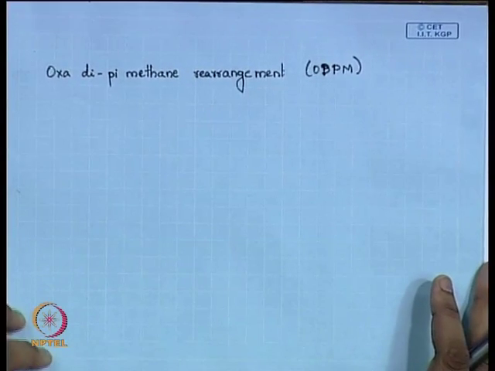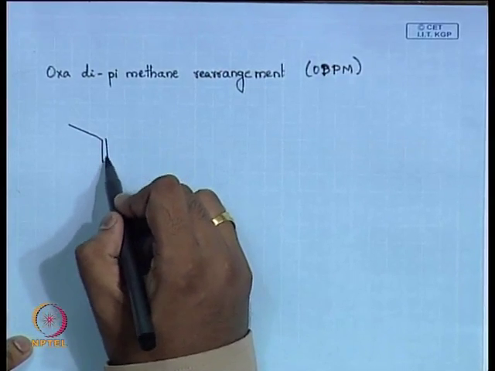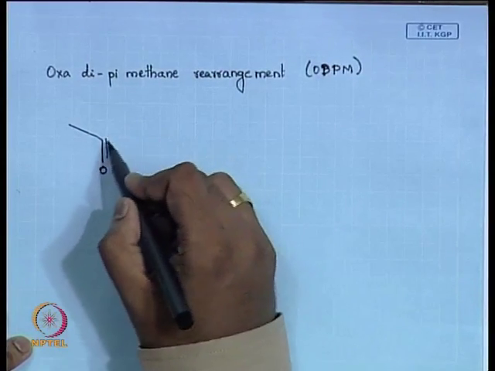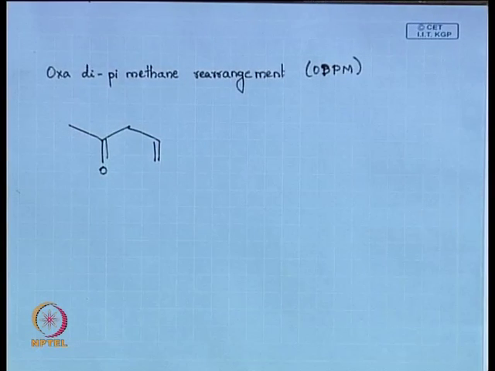It is more like your di-pi-methane, just in this case you will have a system with a ketone and an alkene. You get this nice system.